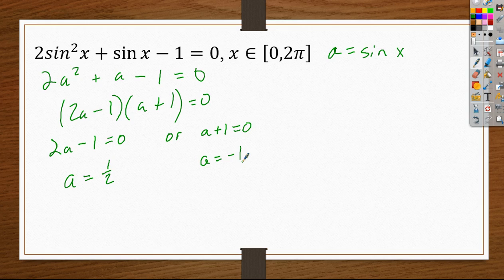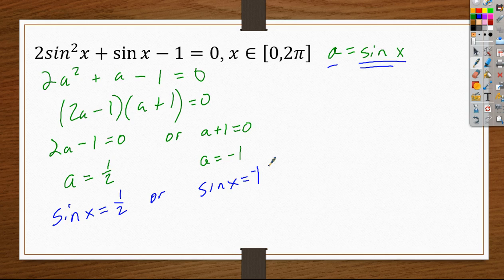But remember, I don't want to solve for a. I want to solve for sine, or x. And so what does that mean? It means I replace a with sine x. So now sine of x is equal to 1/2, or sine of x is equal to negative 1. And so I've got my different possibilities. Where is sine of x equal to 1/2?